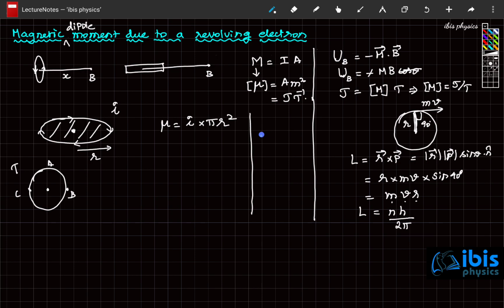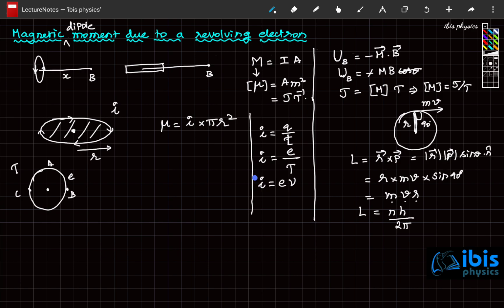Hence, the current we usually write as charge by time. The electronic charge e crosses a point only once in one time period. So the current due to an electron is equal to charge by time period. This can also be written as charge into 1 by time period, which is frequency.